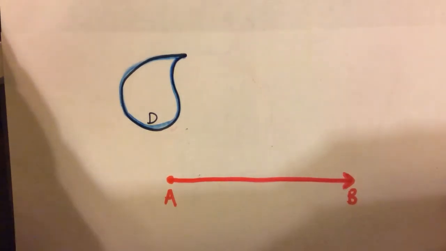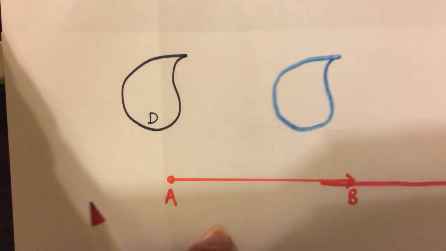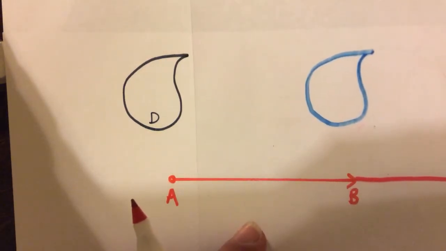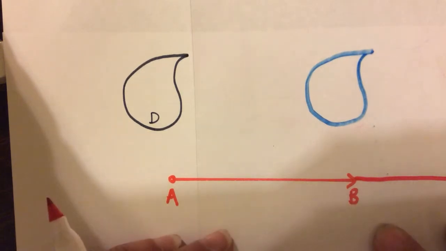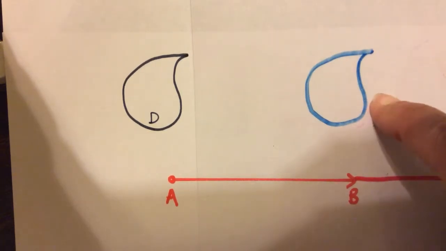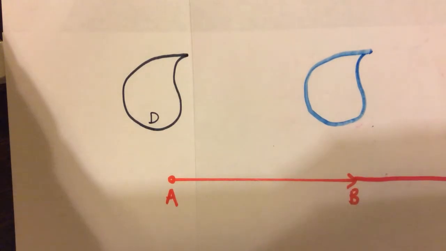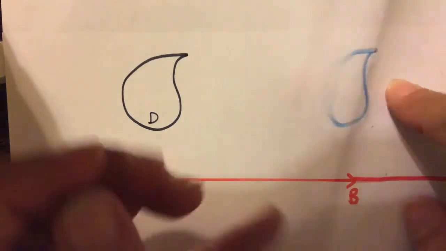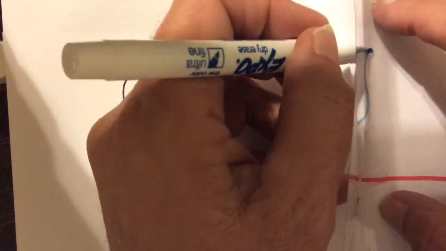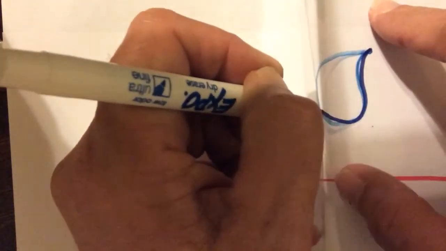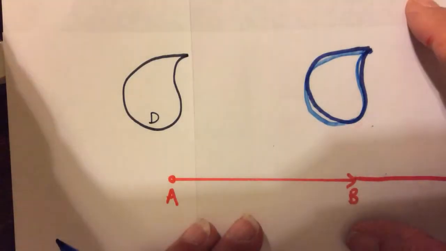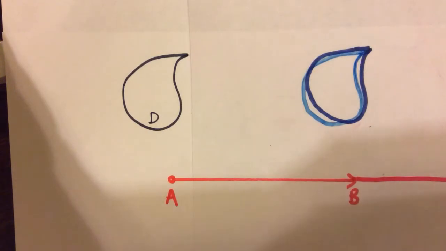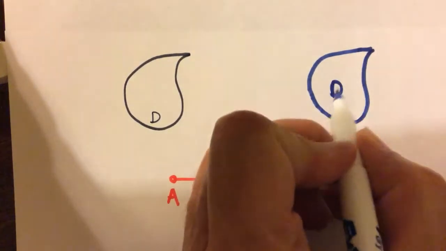Okay, so I'm going to slide it over until my beginning point here matches the ending point of the vector, and there's my translated image. And let's go ahead and do it. We'll do it in blue. Okay, so it just moved it straight over like so. Okay, now if I wanted to map, so this would be D prime.